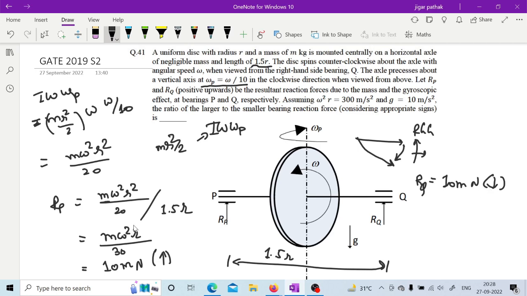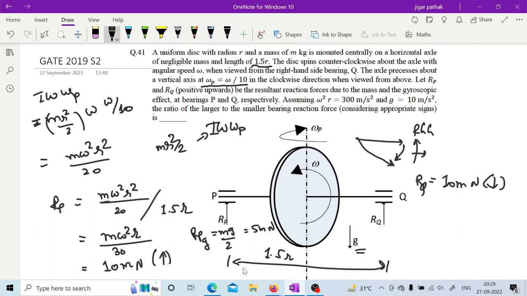Now reaction force at P due to gravity will also be there, right? G is given, so due to gravity also there will be some reaction force because this mg is acting downwards, so there will be a reaction force which is acting upward, right? So Rp due to gravity will be mg by 2, and g is given as 10, so it is nothing but 5 m Newton, right?